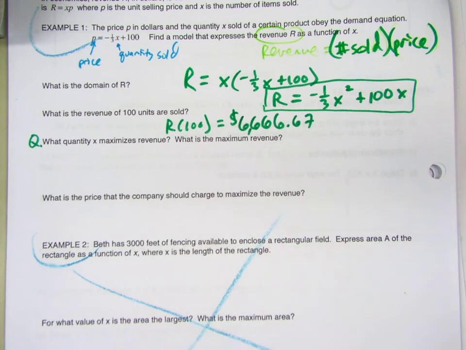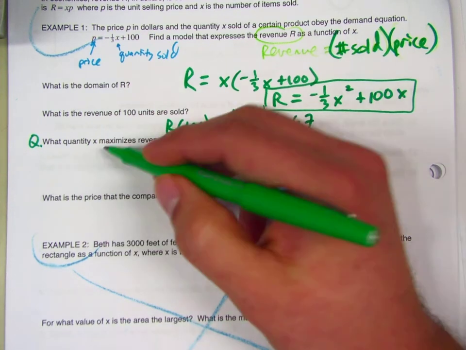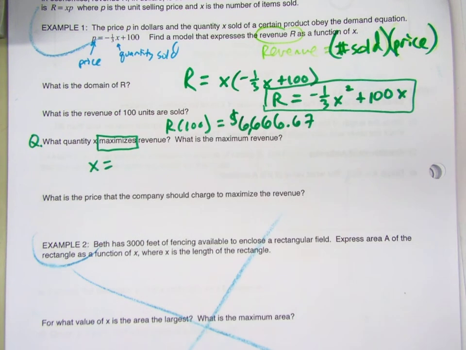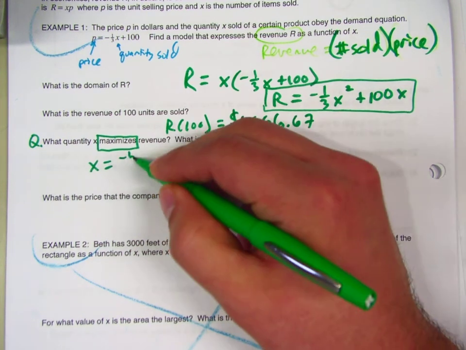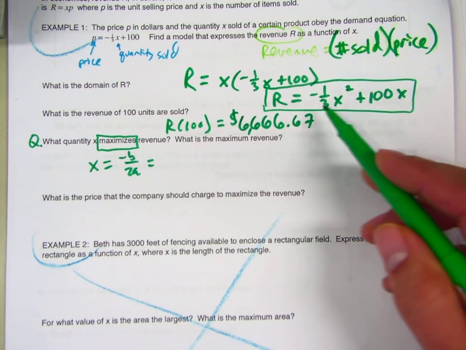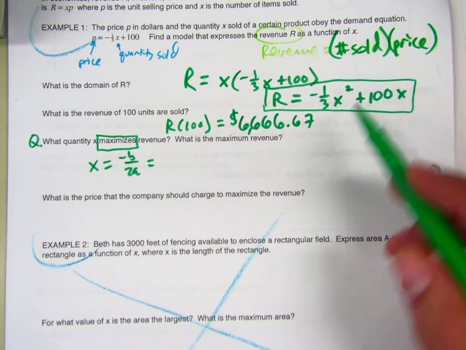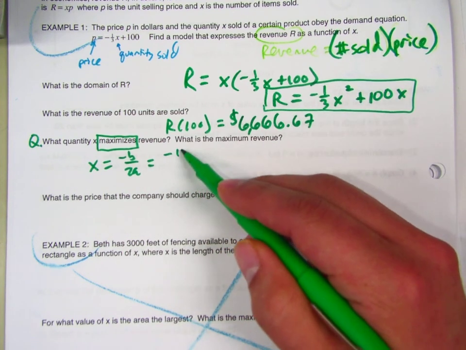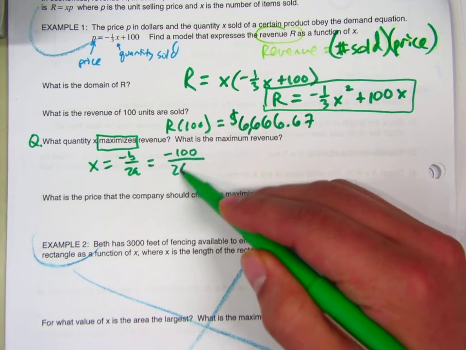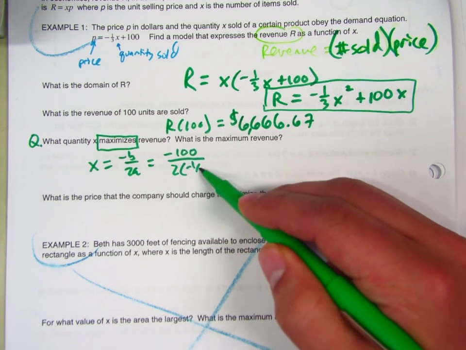Now, this question should be a review. What key word do you see in here? Maximizes, right? What do we use to find X anytime we're looking for a max or a min? Negative b over 2a. Very good. So, looking at our quadratic model, the opposite of b is negative 100. 2 times a, that's negative 1/3.